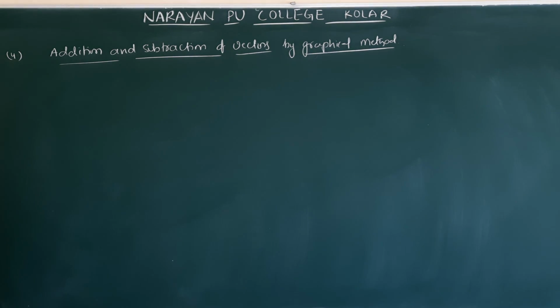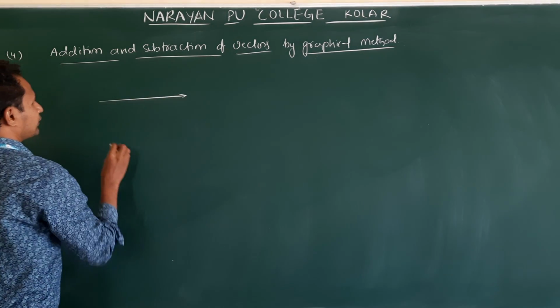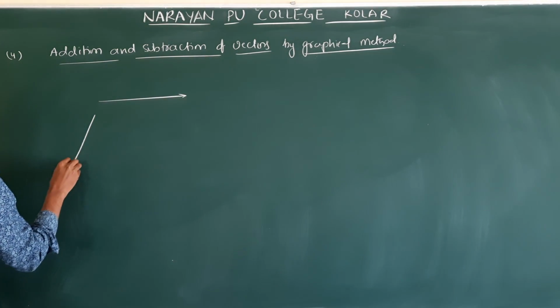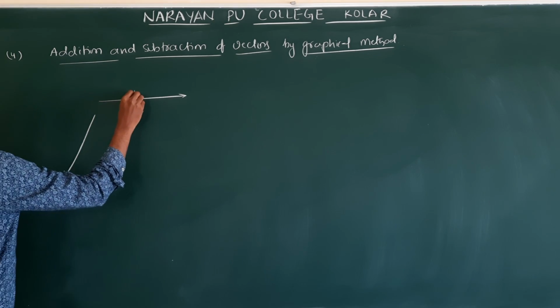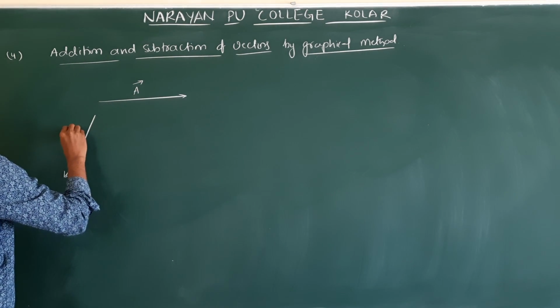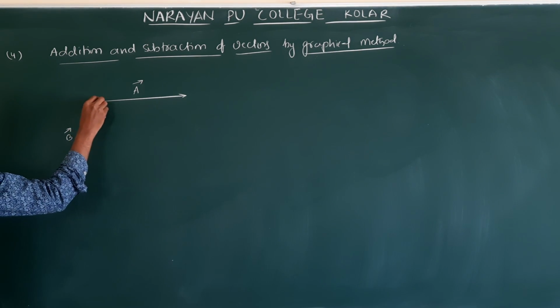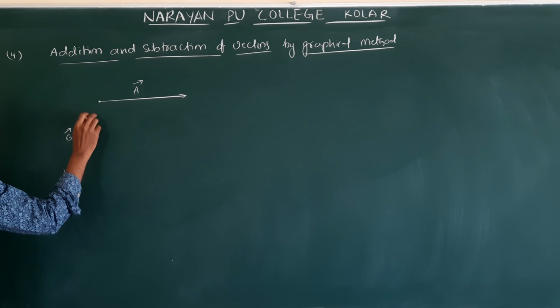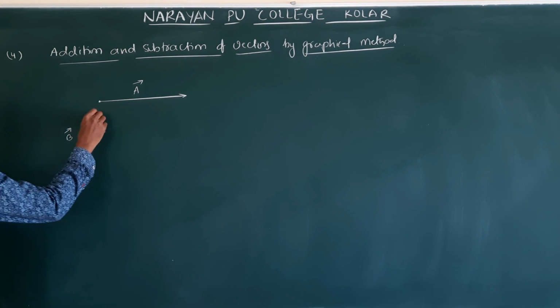Clear? Suppose we have two vectors. One is like this, another one is like this. This is vector A and this is vector B. Here we will follow one rule or one property of the vector.